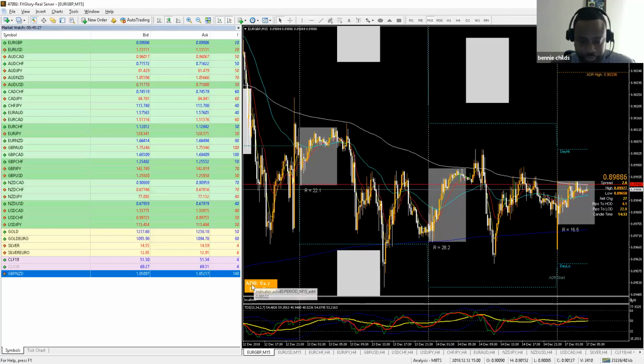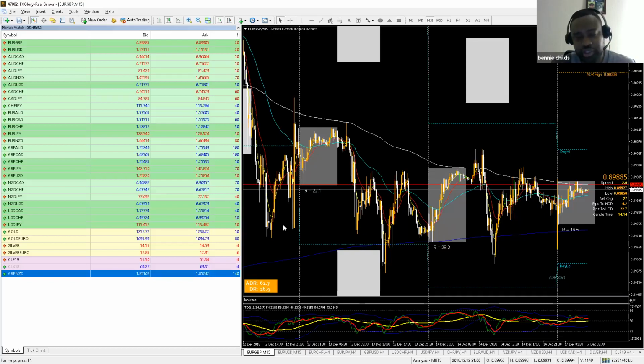So it's letting me know that for this pair, on average, this pair moves 62 pips a day. And right now it's moved 26 of the 62. Now, does that mean that it guarantees me that it's going to move at least 62 pips?